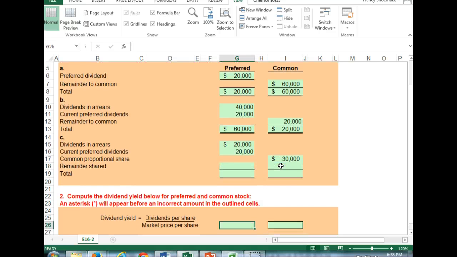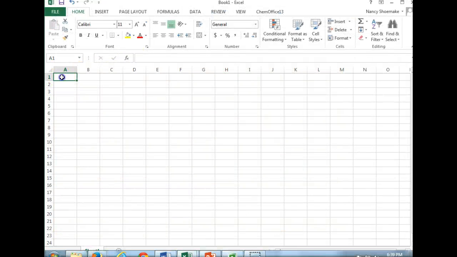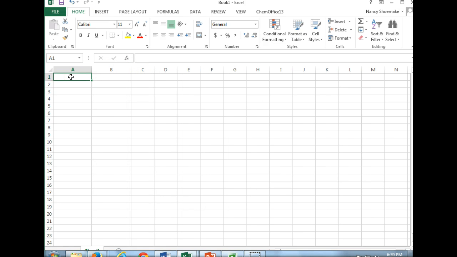Let's go down here and figure out how we're going to share this. The remainder should be shared for preferred, 2,000 shares. Let me back up.